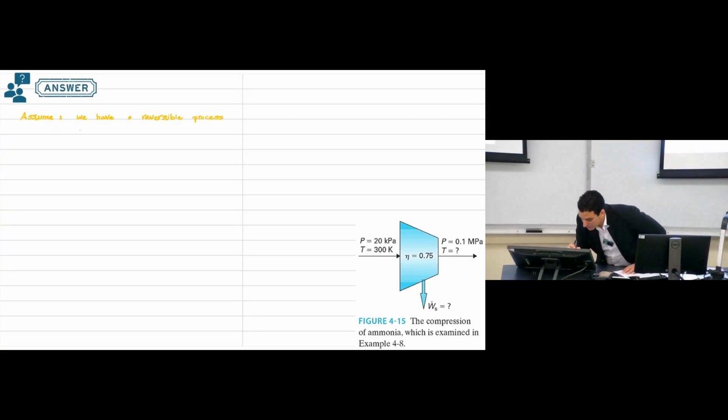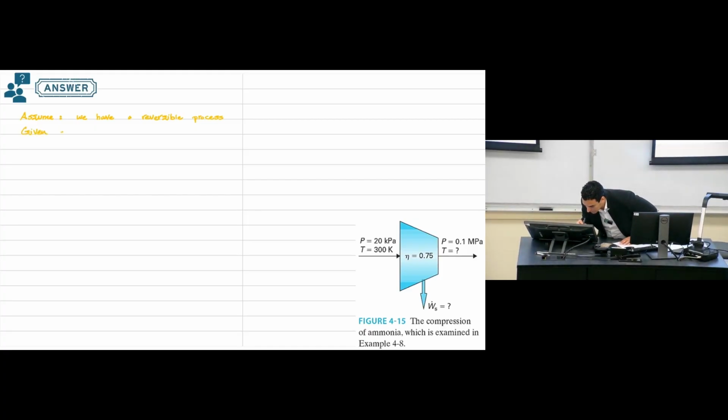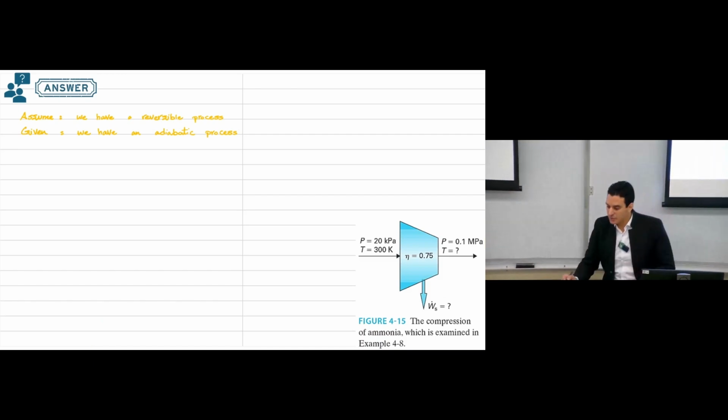And at the same time, it's given that we have an adiabatic process. So we have a reversible process, we have an adiabatic process.